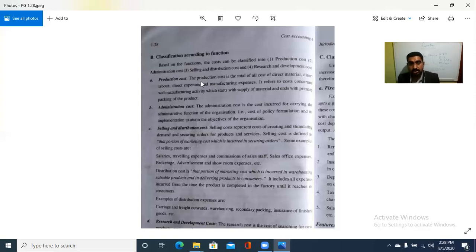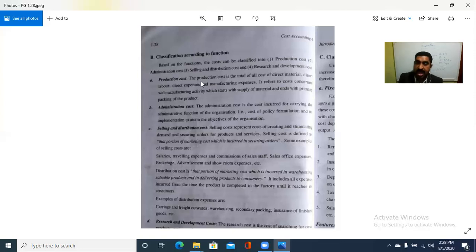So the cost of policy formulation and its implementation to attain the objectives of the organization. Where is it done? It is with the administrative department or administrative section. So such cost belongs to the administration part, that is administration cost.